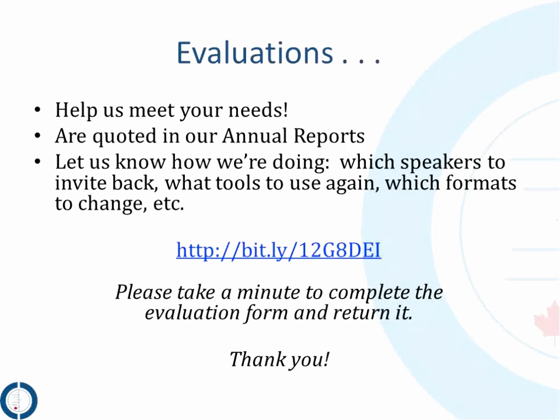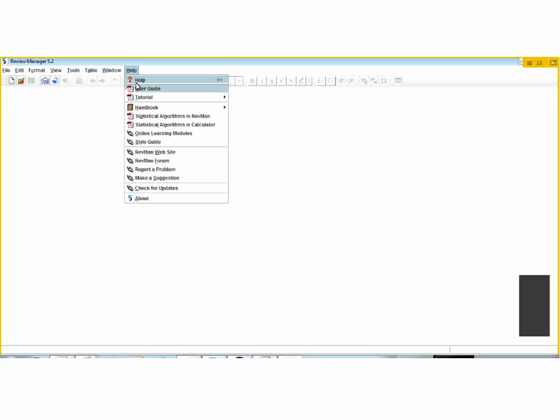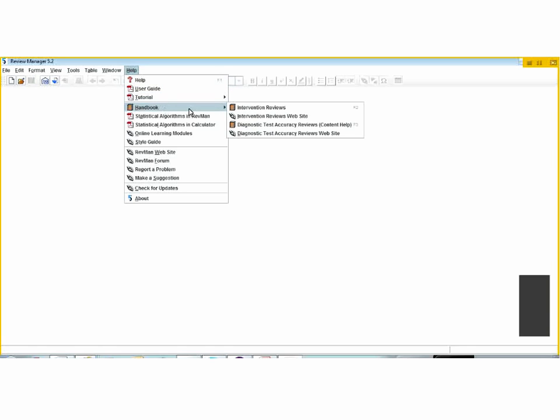Okay, so we're in RevMan here, and one of the easier ways to get the Diagnostic Test Accuracy Handbook is to go to the Help menu, scan down the Handbook, and you have the Diagnostic Test Accuracy Reviews Handbook, and you also can get the Diagnostic Test Accuracy Reviews website. And I hope that answers your question.